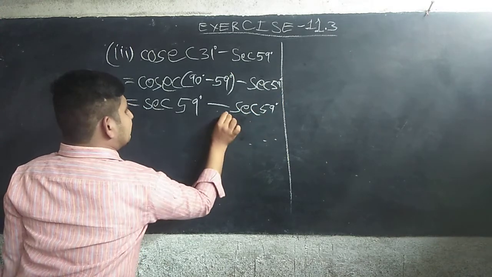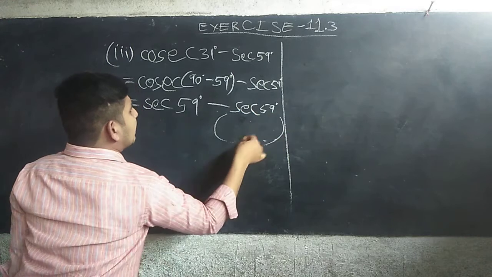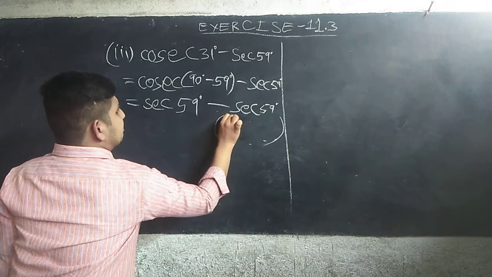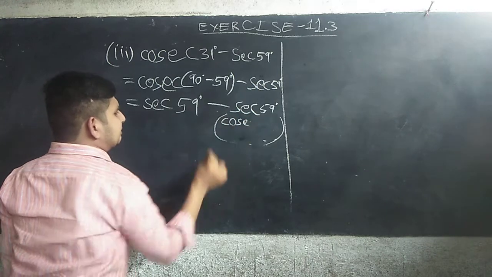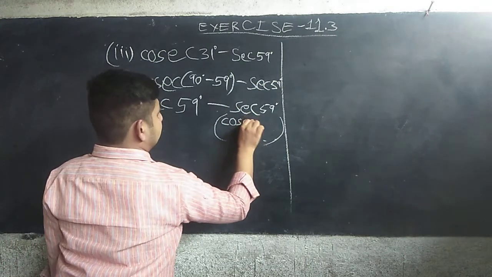Here we have to write the formula: cosec 90 minus theta equal to sec theta.